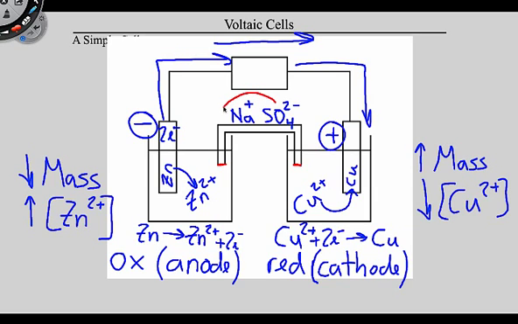So the negative thing will flow this way, and similarly, the positive thing, the sodium, will flow this way. But now you're saying to yourself, wait a minute, that doesn't make sense because I've got a negative thing being attracted to a negative thing. See what I'm saying? Does that make sense?